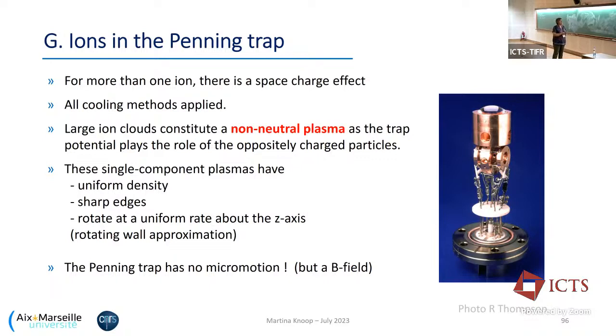What I will show you later on is that we can have very large ion clouds, and they behave like a non-neutral plasma, like a one-component plasma. We talked about that yesterday already. These one-component plasmas are very interesting because they have some very nice features.